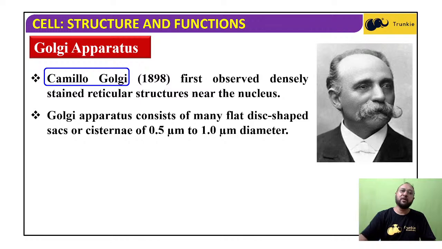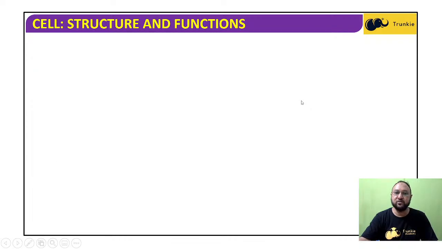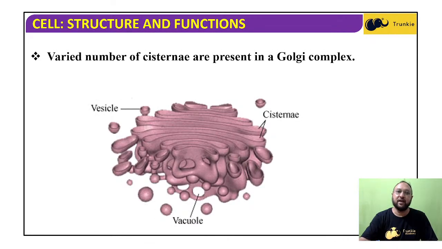Golgi apparatus consists of many flat discs, flat disc sacs or cisternae of 0.5 micrometer to 1 micrometer in diameter. You can see in the picture, these are stacked parallel to each other, and a varied number of cisternae are present in the Golgi complex.